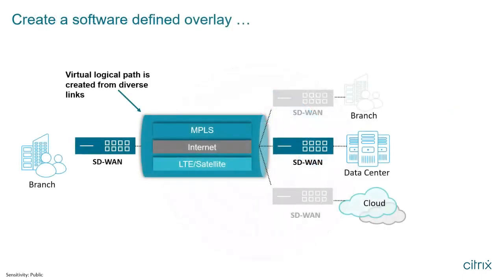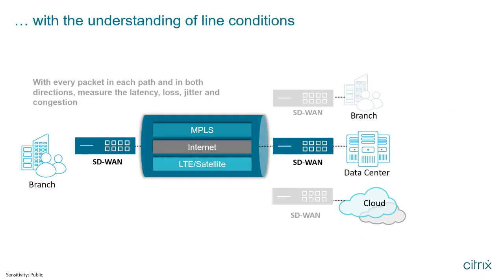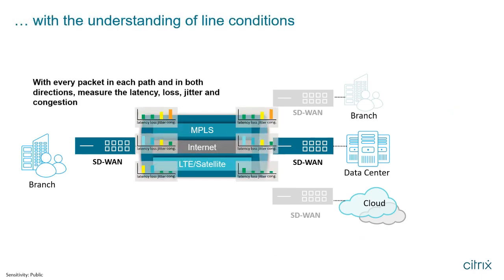So from a path control perspective, obviously there's a very clear example here of having a branch office and trying to get back to a data center, and I could have one of many different paths, and I want to aggregate those paths together and create one logical path. And in doing so, I am going to monitor every packet down all of those paths.